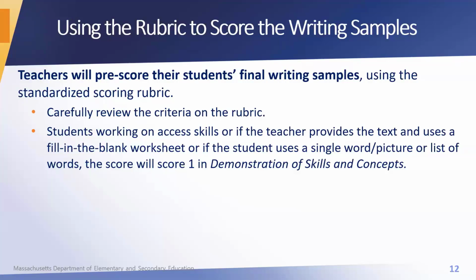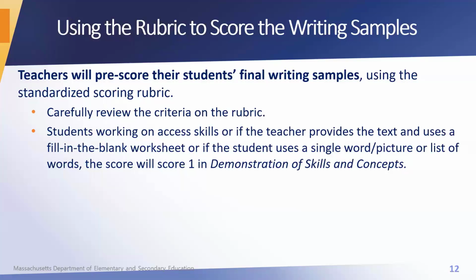But if your student is using access skills, or if you have provided all the text, say you're using a communication book and you're talking about bubbles, but everything on that communication book is bubbles. They can't go away from that.